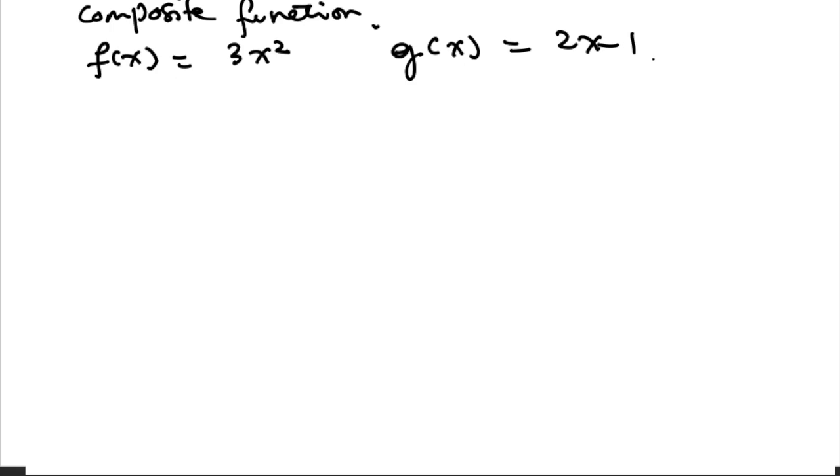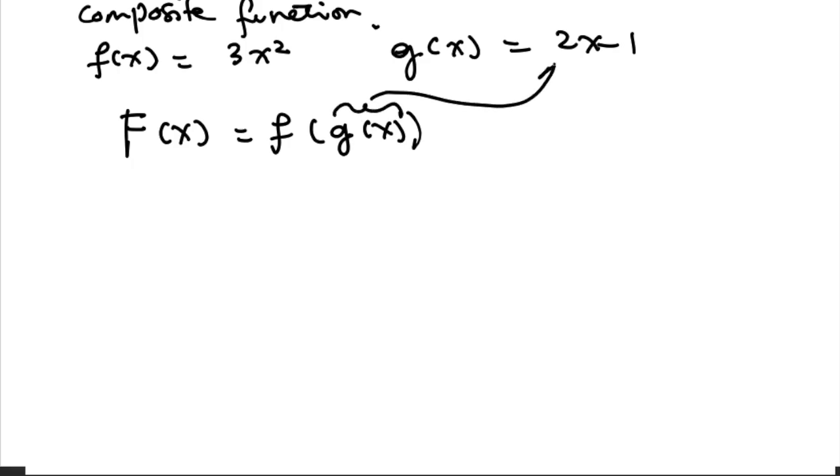Okay, now if I have this capital Fx, it is written as f as a function of g. This one is gx. Gx is what? Gx is this. I can rewrite this new function as capital Fx, f as a function of g.